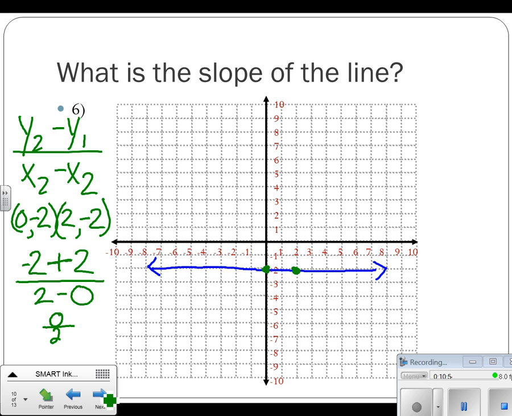And so our slope here is 0, because 0 divided by any number is going to give you 0. And by the way, any horizontal line is going to give you a slope of 0.